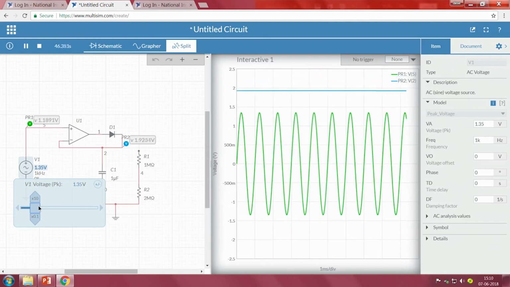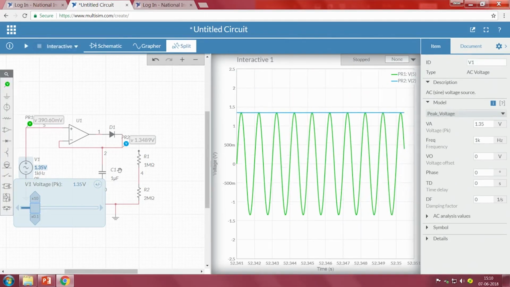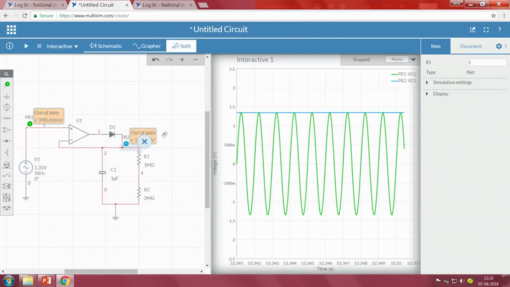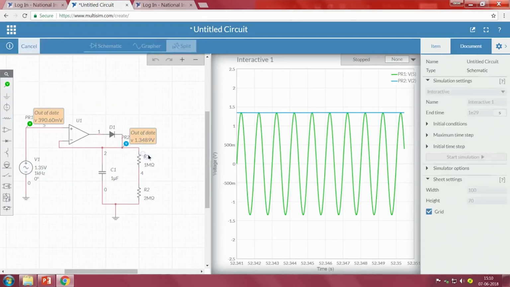Now, what is our other purpose? We have to see whether it is providing the threshold of our requirement or not. In order to understand that, what do we do? We will connect this R1 resistor and take another output voltage at this point. This particular terminal I am not interested in.